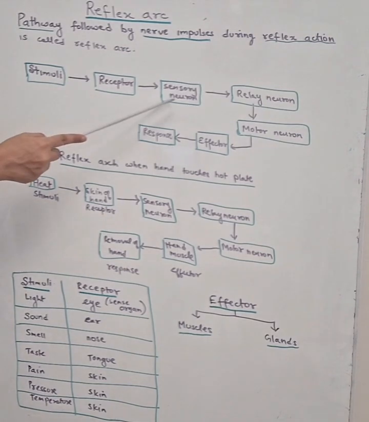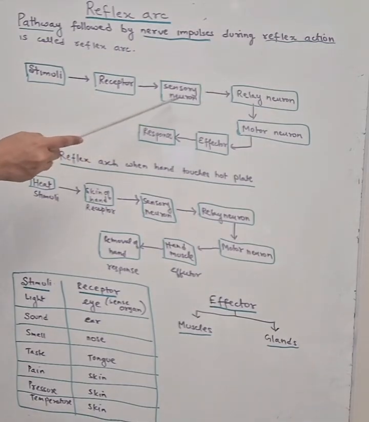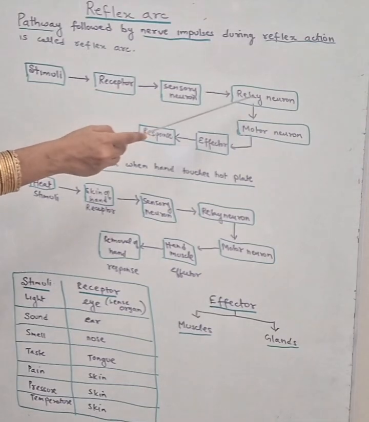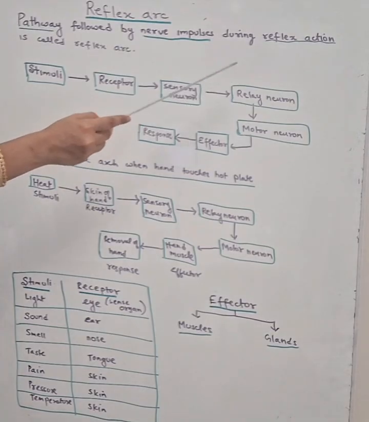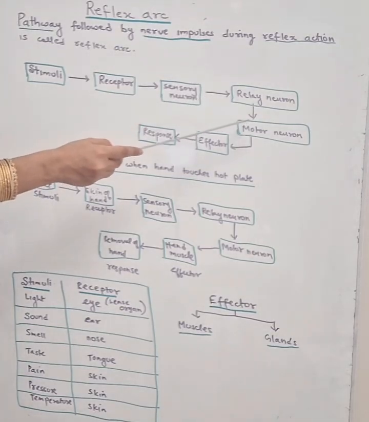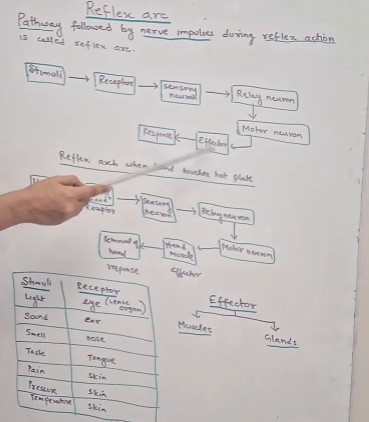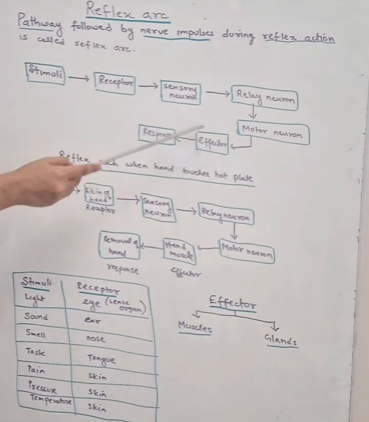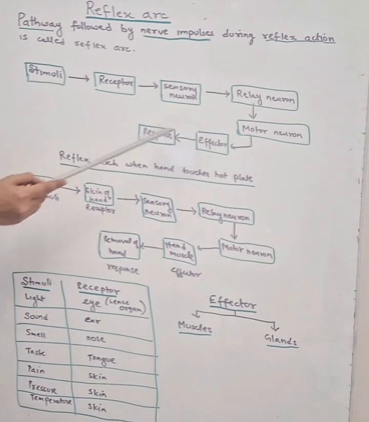Then the sensory neuron will carry the message to the relay neuron. There is excess light. The relay neuron, which is present in the central nervous system, will process it and give a message to the motor neuron to go to the effector, and the effector here will be the eye muscle. It tells the eye muscle to close, and the eye muscle receives the impulse from the motor neuron, and the response is the closing of your eye.